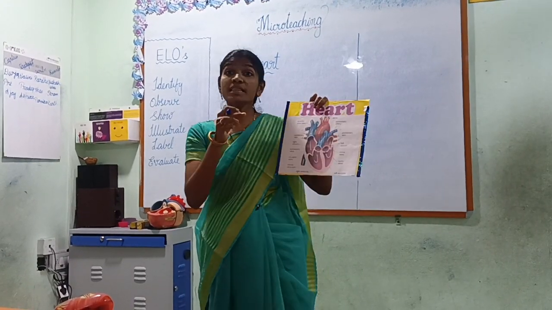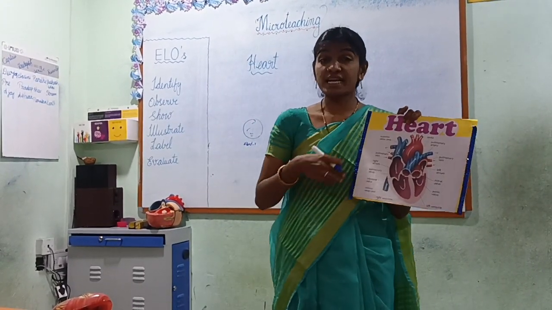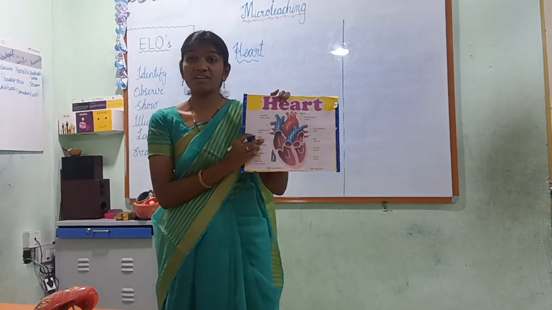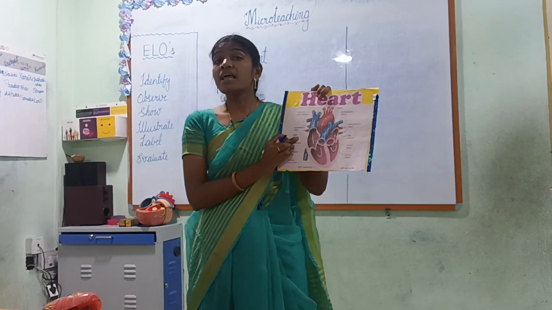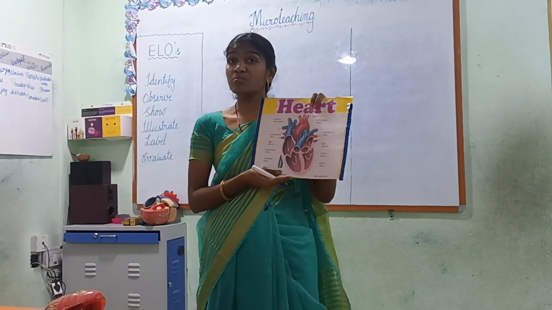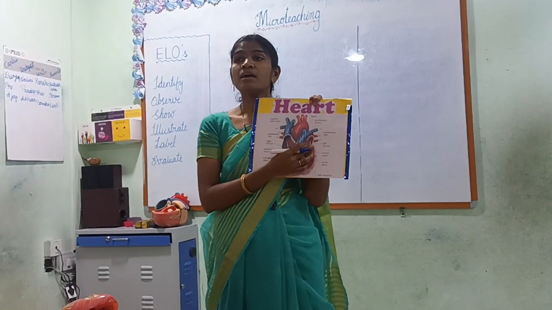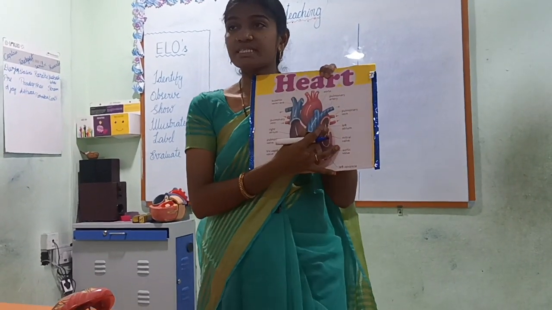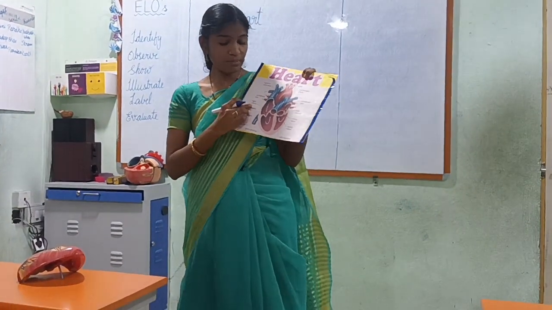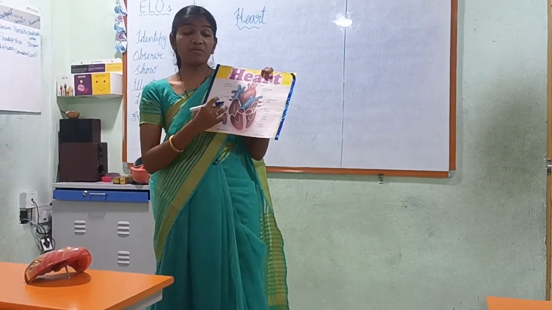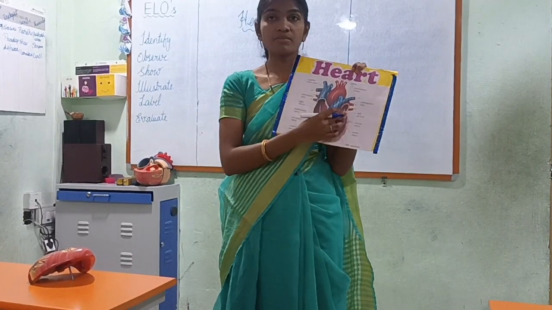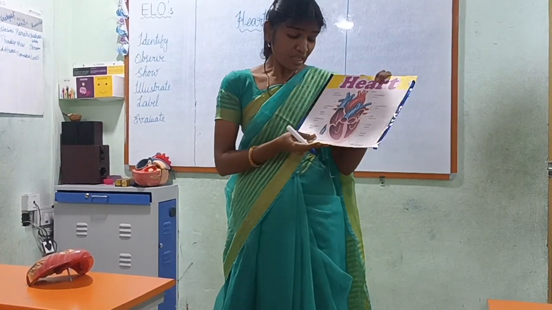All this collected blood will be stored in the right atrium, except the blood which comes from the lungs, which will be stored in the left atrium. Did you understand? Why?